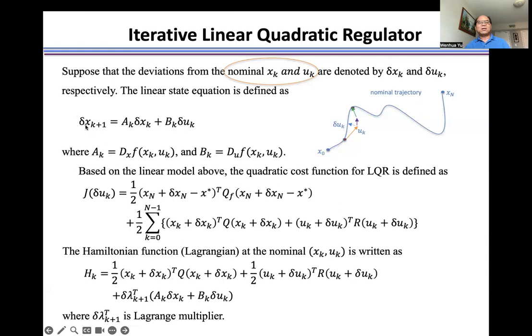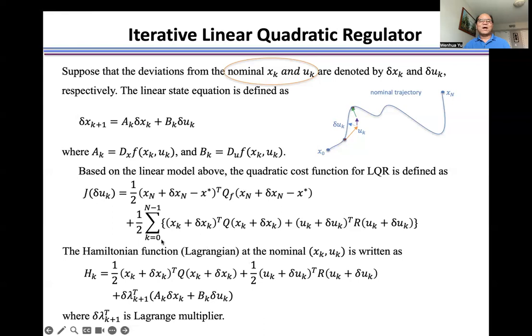From this modified linear dynamic and the cost function, we can get a Hamiltonian function. It's like a Lagrangian at the nominal point. Here this factor is a Lagrange multiplier.